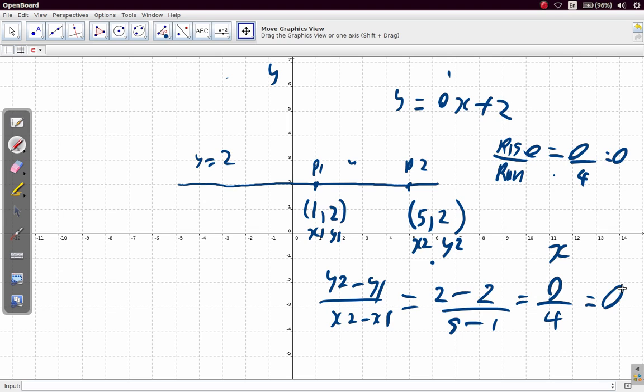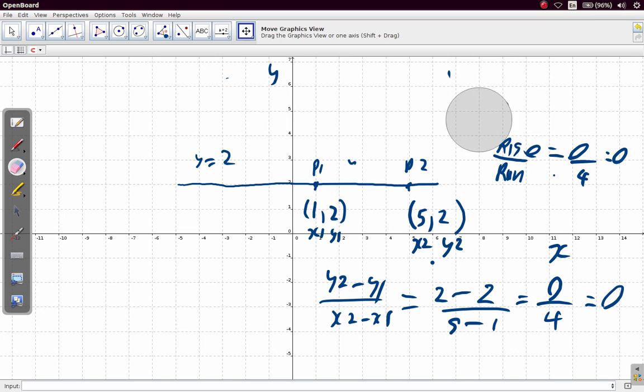Right? So if it is level, the gradient is 0. In other words, if it is level, it's not steep. It has no steepness. It is just flat. So that's the graph of y equals 2.